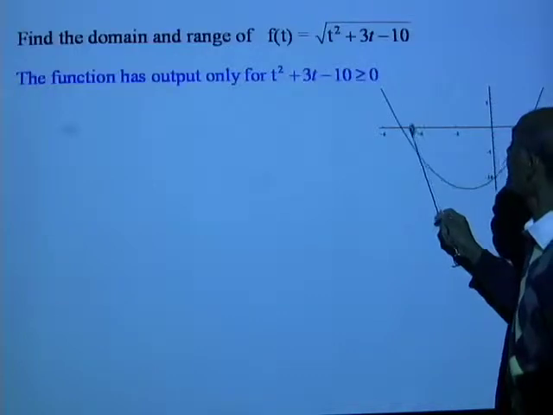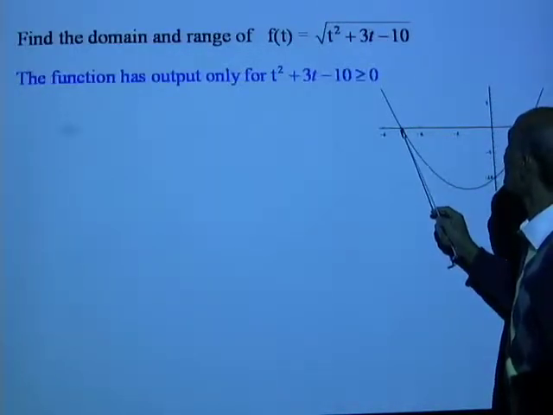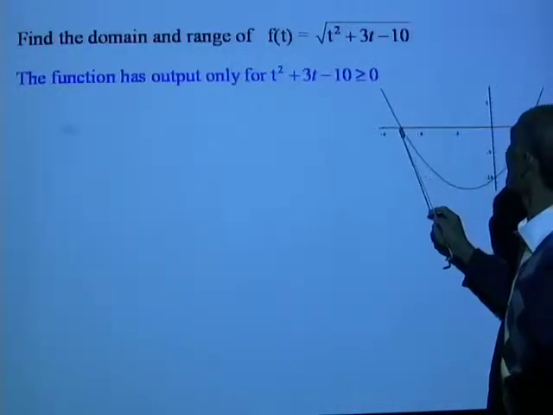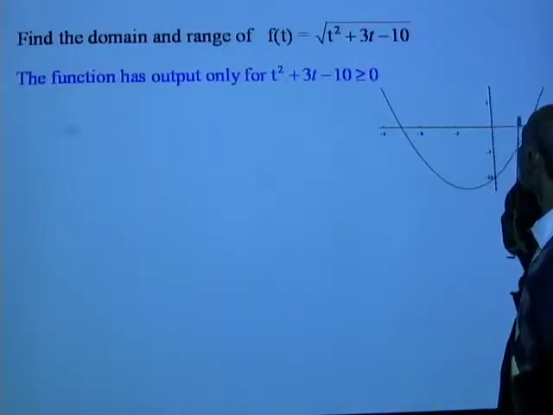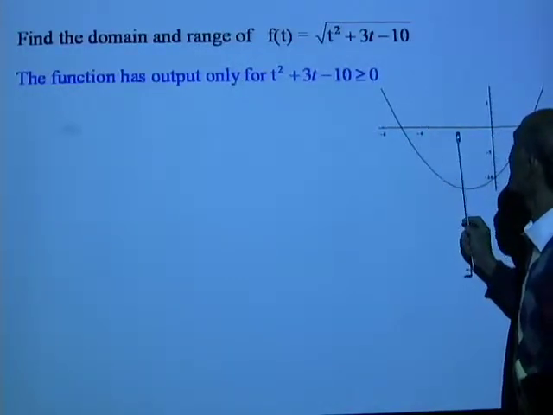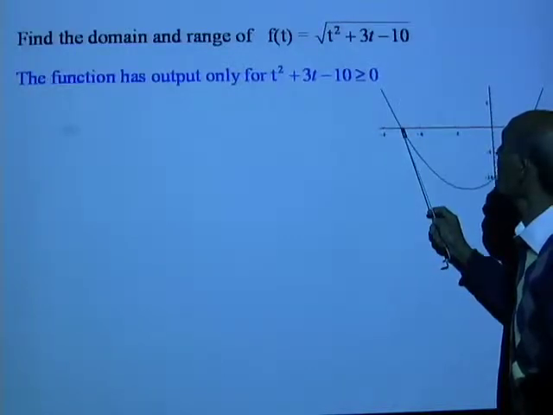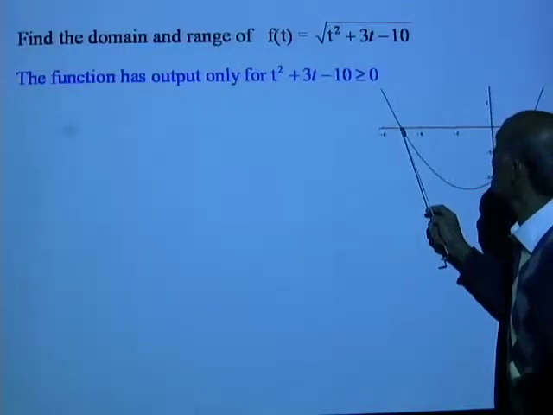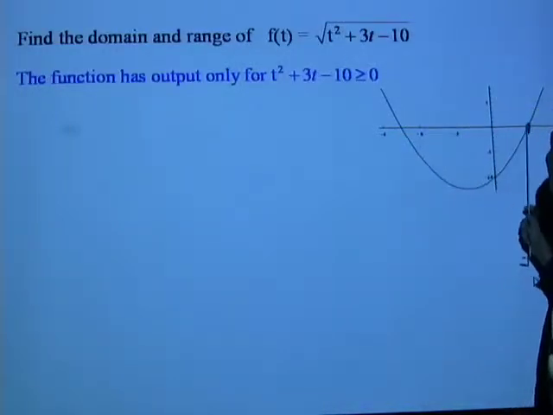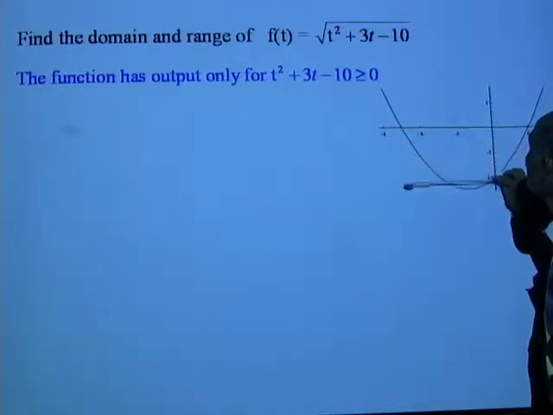You see, for all values of t from this 1, 2, 3, 4, yes, from -5 to 2. This is -5. If you watch here, -1 or -2, -4, -6. But this is -5. If you use any number greater than -5 or less than 2, it will give an output negative.